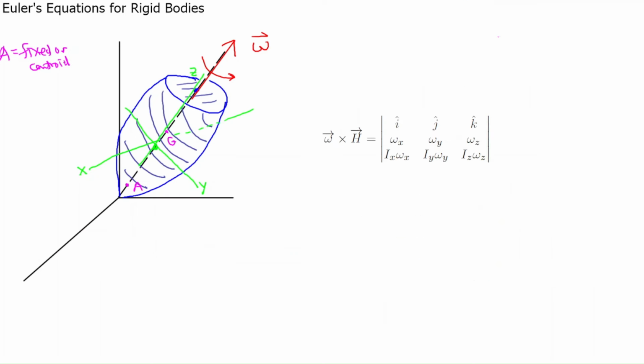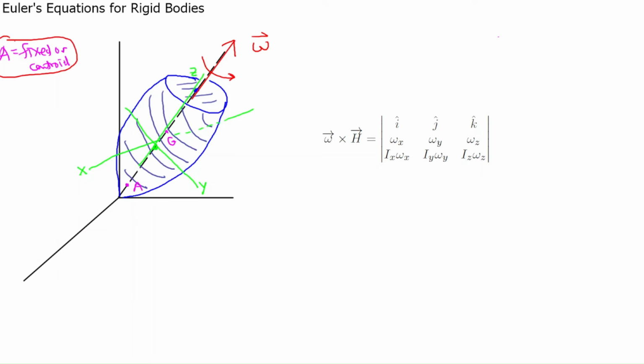So the cross product we can figure using the usual determinant approach. Of course, not the only way. Before I proceed, I should remark that, just to save a little notation here, the h we're talking about, the angular momentum, is always about either some fixed point or centroid.